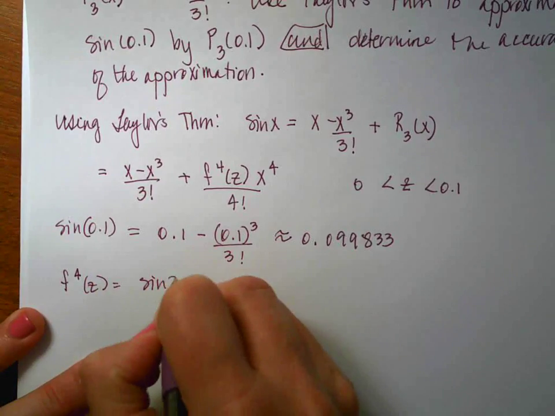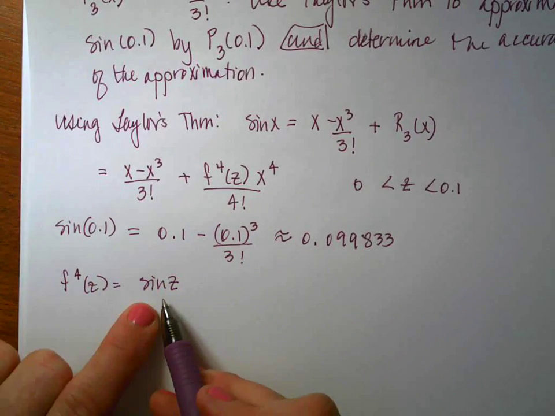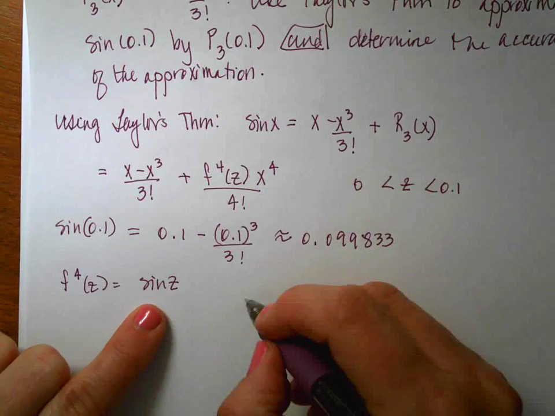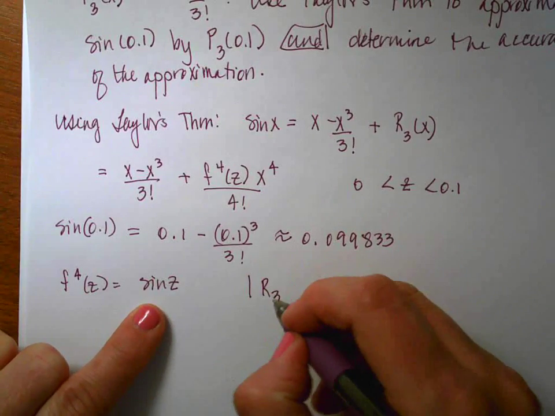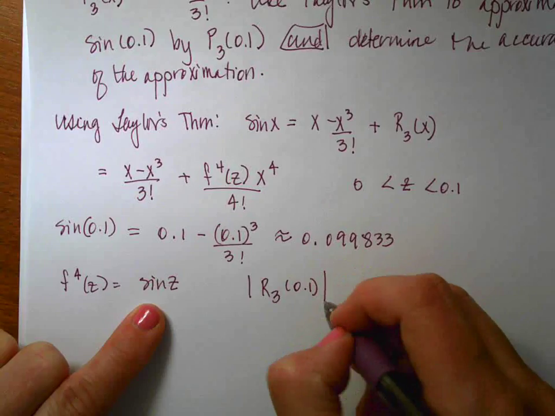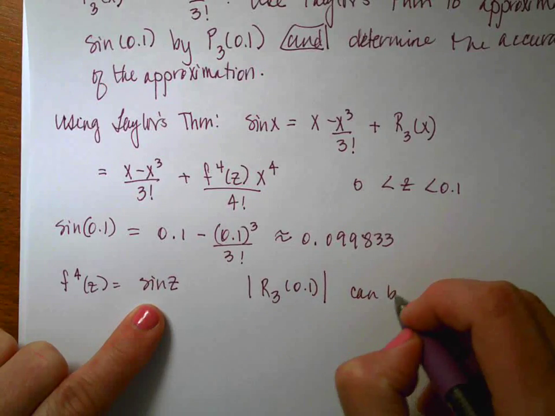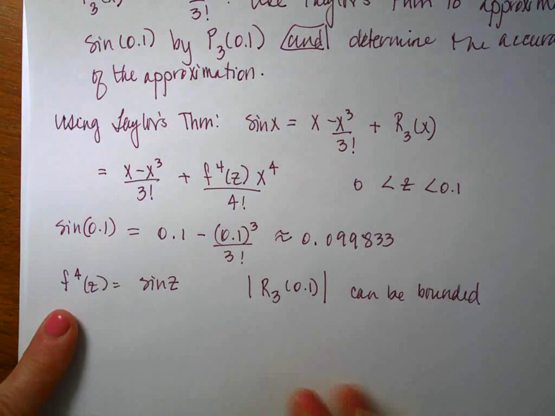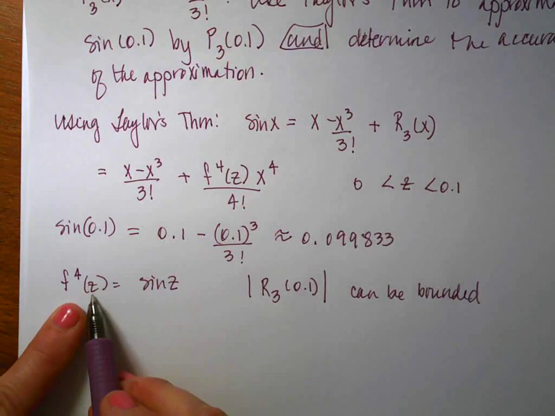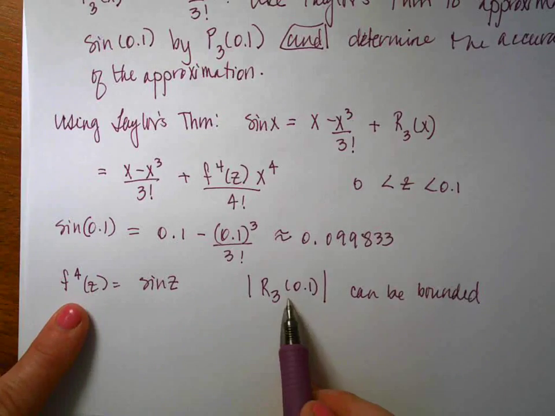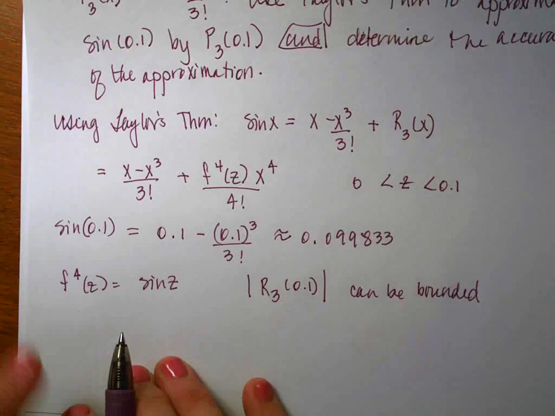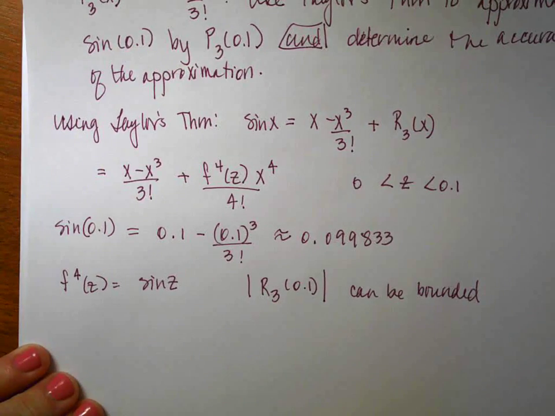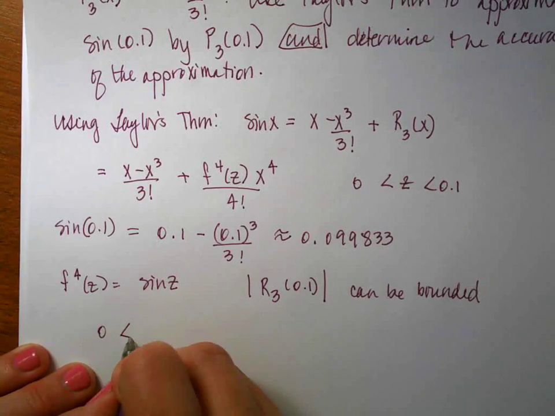So the f fourth of z is technically going to equal the sine of z. And this is where I think the math gets a little bit weird. Okay? This is going to be bounded. Alrighty. So I may not be able to accurately determine the remainder or the error, and so it's going to be approximately the absolute value.